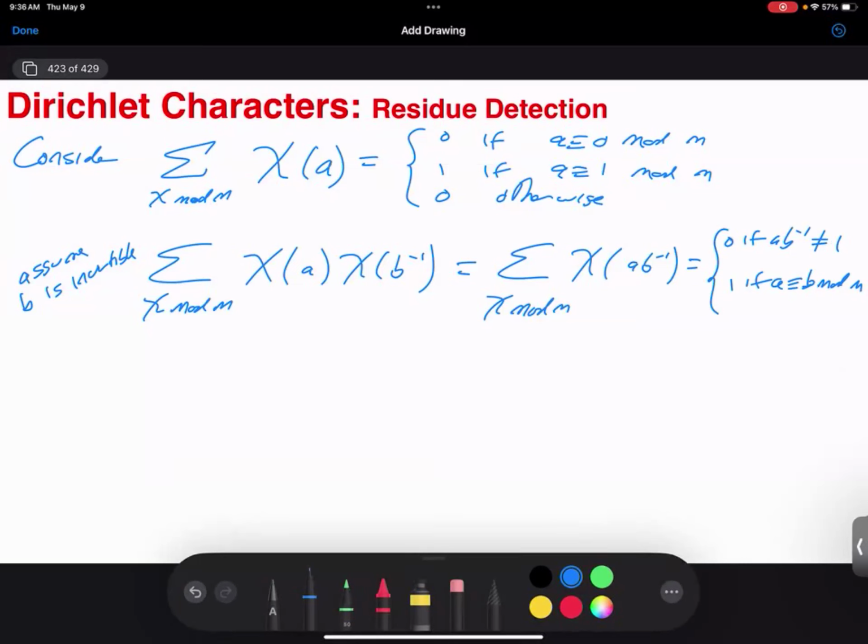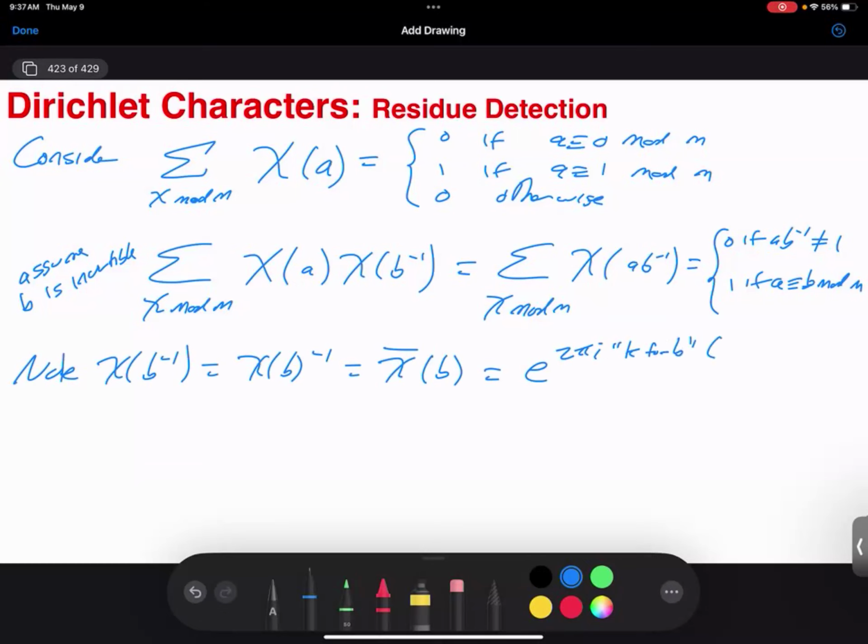Now, note chi of b inverse turns out to be the same as the complex conjugate of chi of b. It turns out that this is going to be e to the 2 pi i, whatever the k was for b, times now negative a chi over m minus 1. It's basically just taking the complex conjugate.